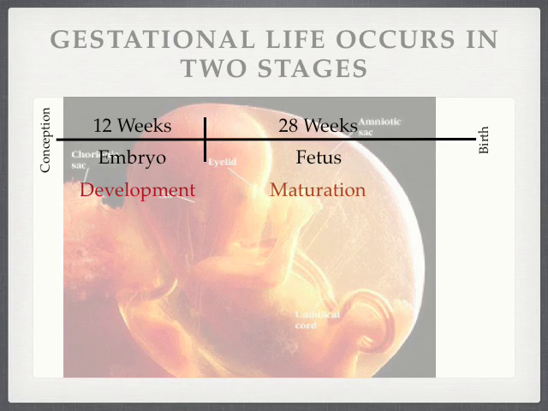The lungs are technically there, but the cells and the structures have not matured to where they can handle oxygen. So this is sort of the growth and development of the organs once everything is put into place.